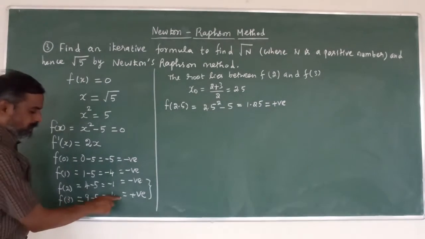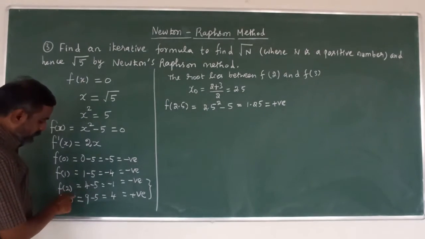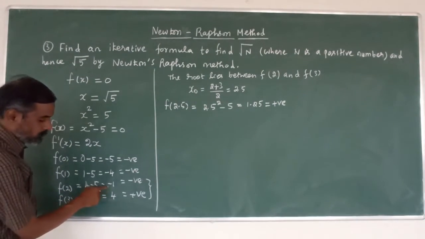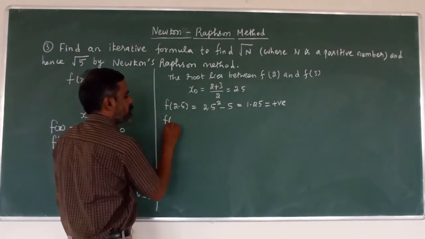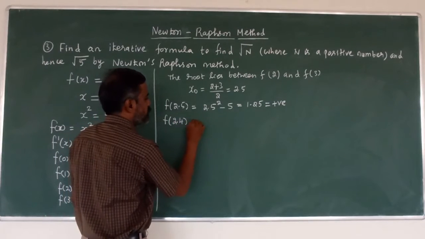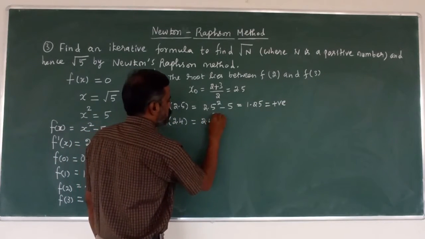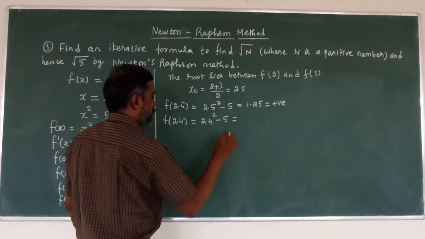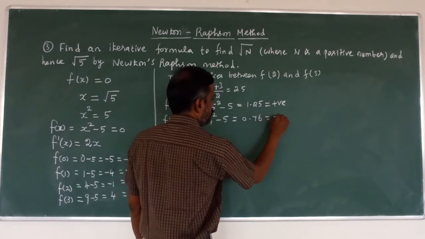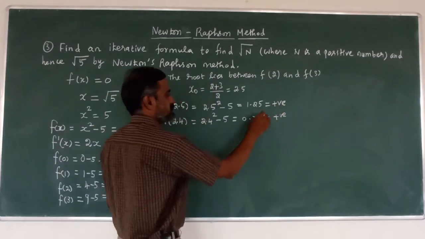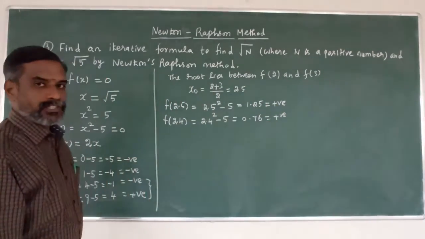Already f of 3 is positive, we require the value very close to the negative. So we have to reduce. 2.4 square minus 5 equal to 0.76. This is also positive.